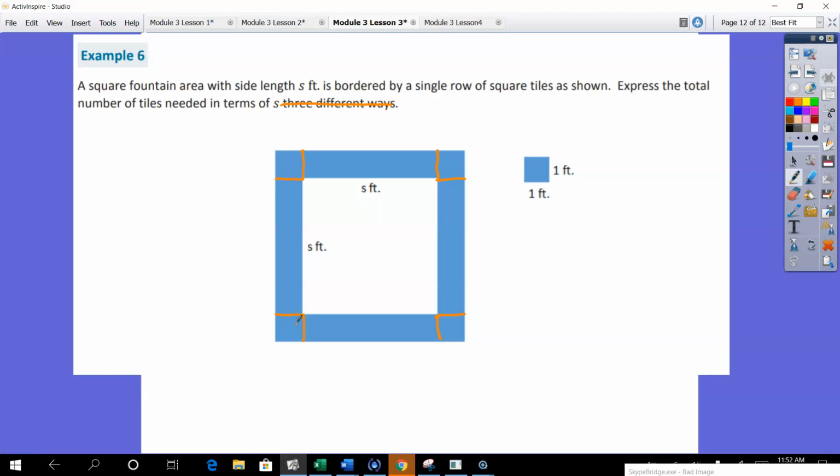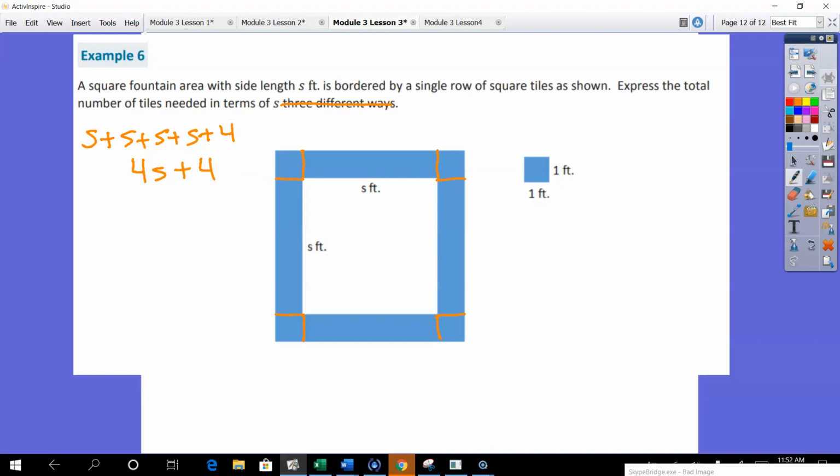So we could say that we have s plus s plus s plus s, and then there are 4 of the boxes. So plus 4. So there are 4 s's plus 4.